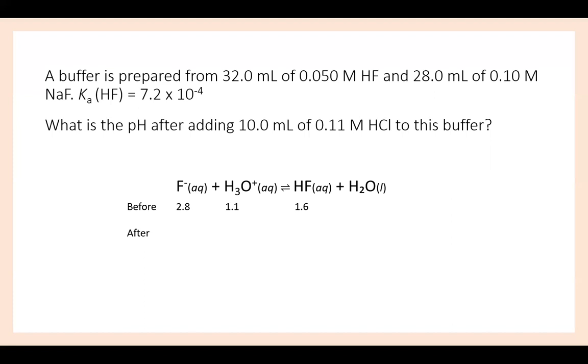So we already calculated millimoles of F minus and HF. Calculating millimoles of hydronium, we find 1.1. That comes from 10 milliliters times the 0.11 molar.